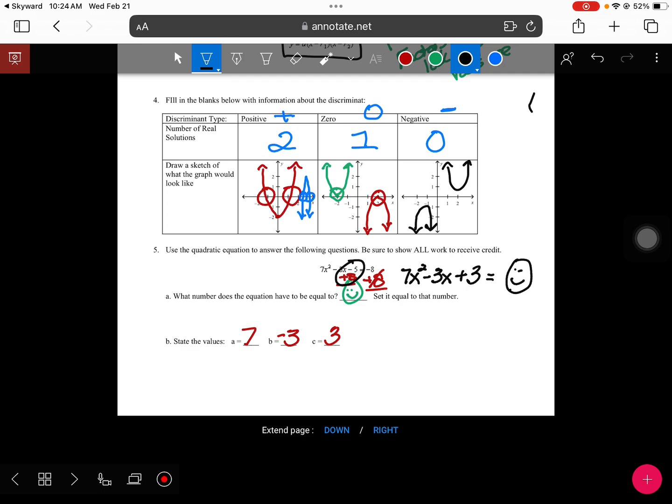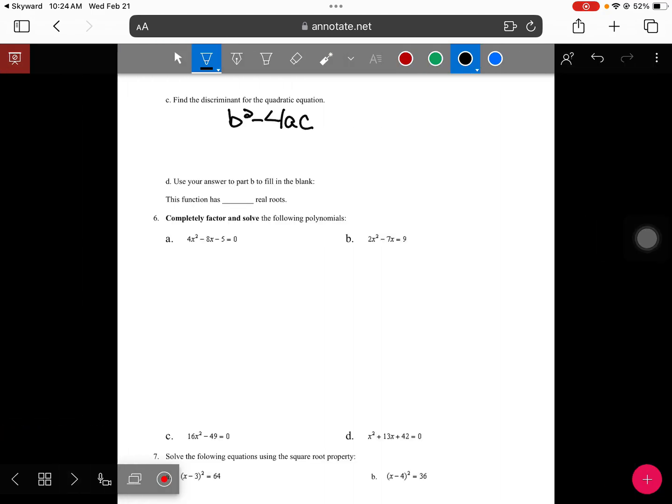So B squared minus 4AC. 7, -3, 3. All right. So B squared, this is my B, is going to be -3 squared minus 4 times A value of 7 times C value of 3.